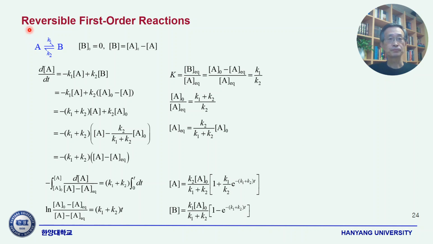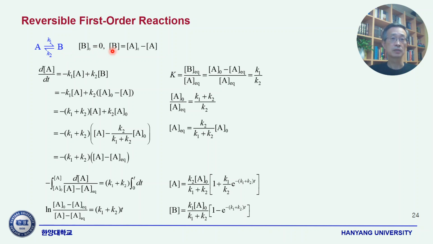So the first one of this lecture is the reversible first order reaction. We usually do A to product, but in this case A to product and product to the reactant. So the rate constant for the forward reaction is k1, and for the reverse reaction k2. And the initial condition is that initially we will only have A, so A naught is the initial condition for A, and B naught equals 0, so no B initially.